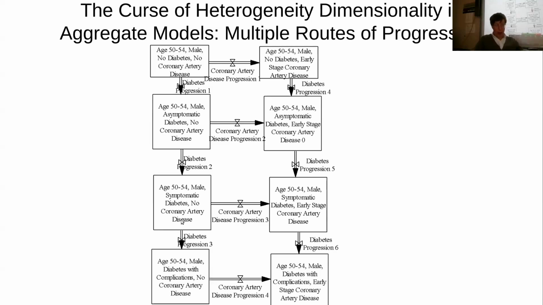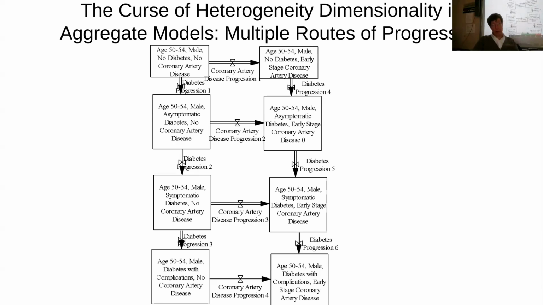Here we're looking at successive stages of diabetes vertically in the columns, and successive stages here in terms of coronary artery disease and cardiovascular conditions. Where I think people will recognize where this starts to become burdensome to the point of being ruled out is if you want to capture progression and other characteristics, such as age, which would be yet another dimension coming out of the page.